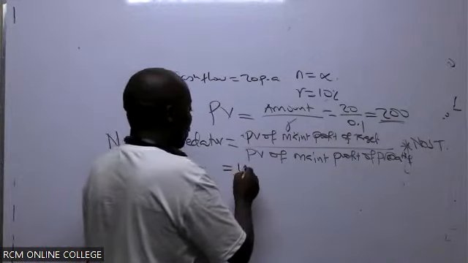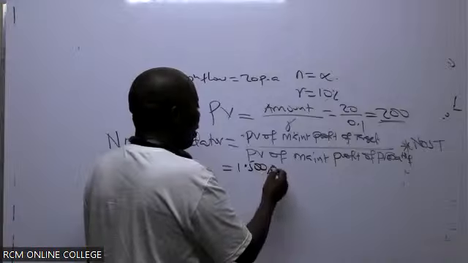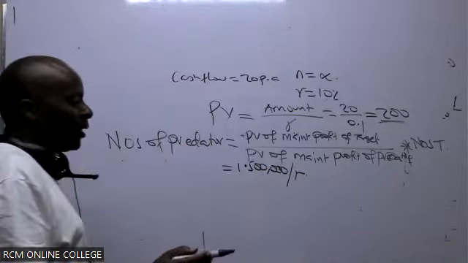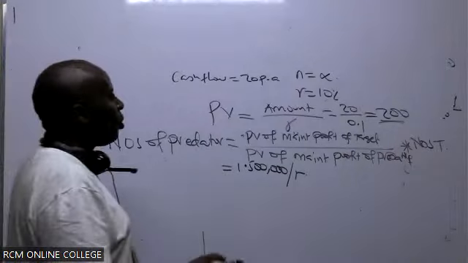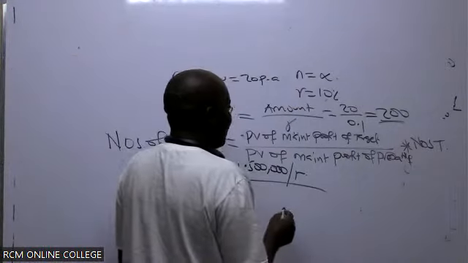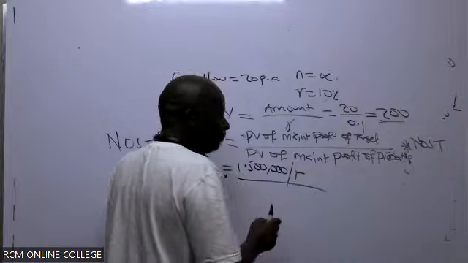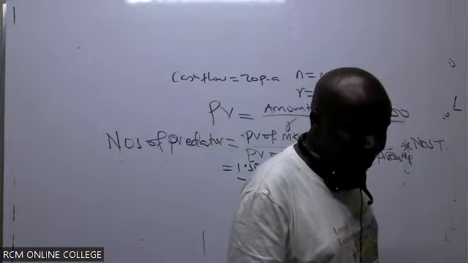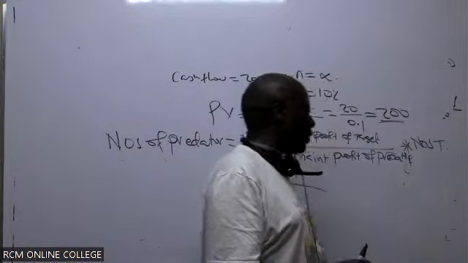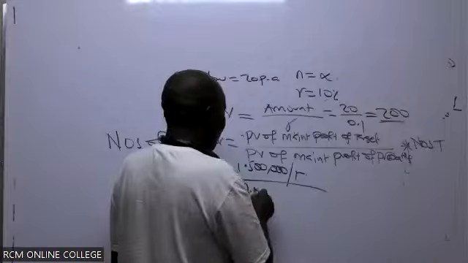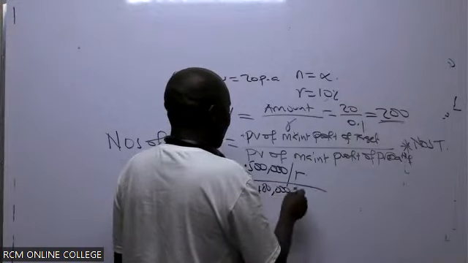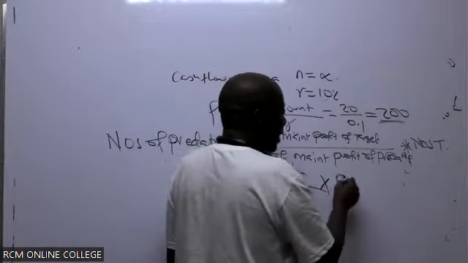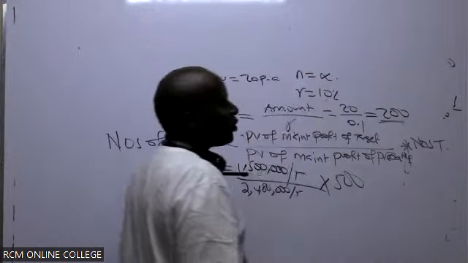So divide by the cost of capital of that Bero company, all over the present value of maintainable profits of the predator, which is 2.4 million, divide this by R, times, of course, our 500, the number of ordinary shares of the targeted company.